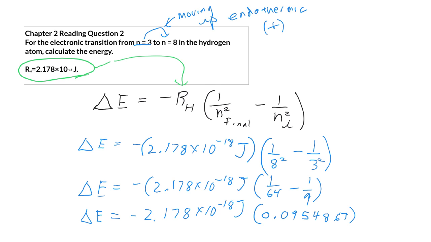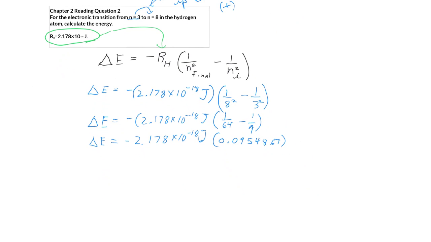So I get that. Now I'm going to multiply by my constant, and that's going to give me a need for a new screen.